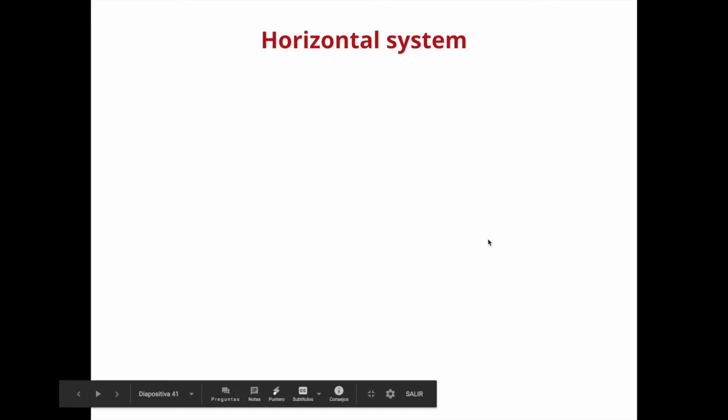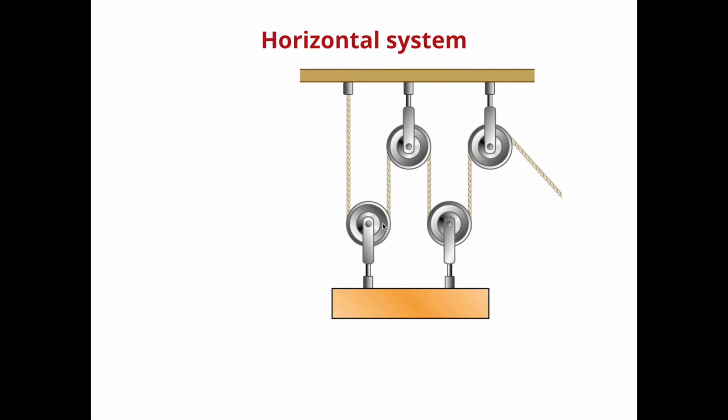We can have many dispositions of the pulleys, and we're going to see them. So we're going to see now the horizontal system. In this case, as you can see, we have the pulleys placed horizontally.